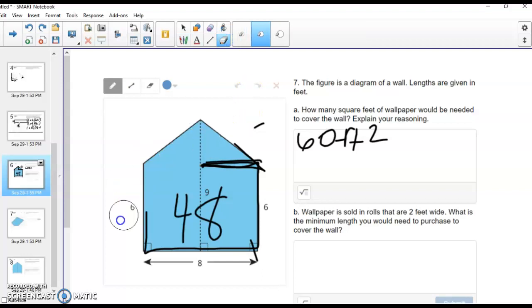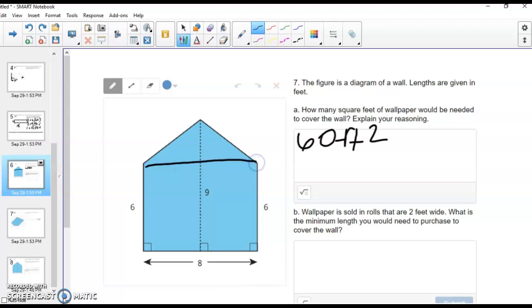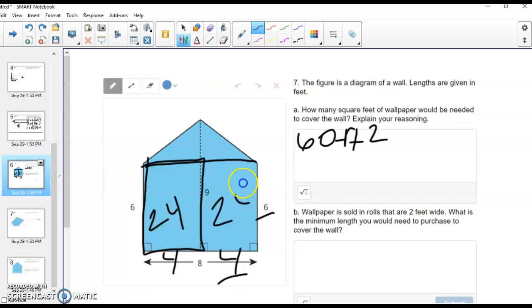I will show you how to do it if you broke it up into two rectangles and two triangles. Okay, again, we would draw right here, and we would have a 6, and we want to take half of 8, so a 6 by 4 and a 6 by 4. Therefore, 6 times 4 is 24, so this rectangle would be 24. This is also a 6 by 4, so this would be 24.